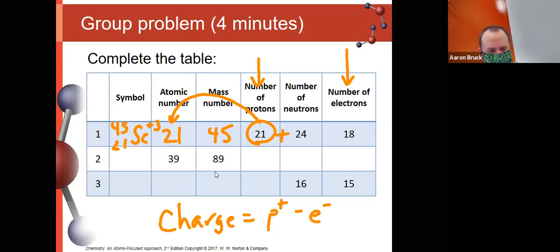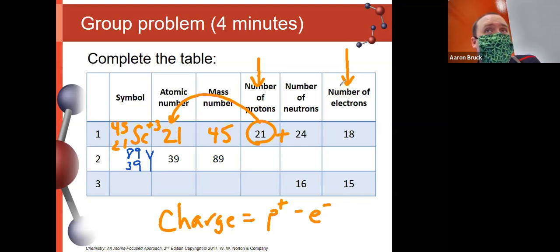Go ahead and try to do the next two. So for number 2, we're given the atomic number and the mass number. 89 and 39 are the numbers. Element number 39 on my periodic table is Y, yttrium. Now, I'm not giving any information about the electrons.